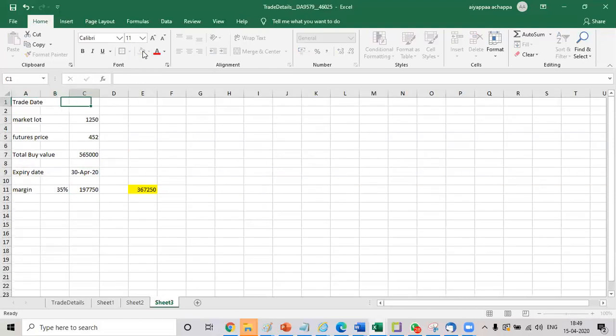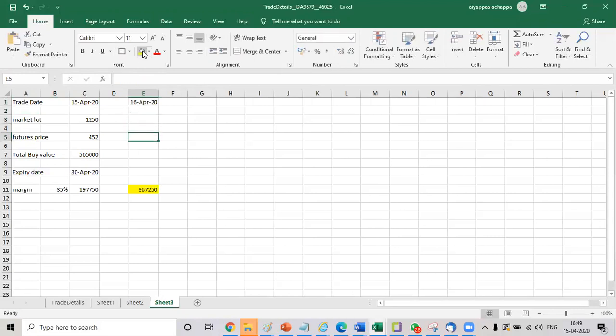Now the trade date was 15th April 2020. Now on 16th April, the share price went to 460.